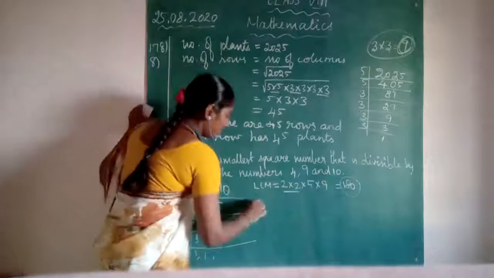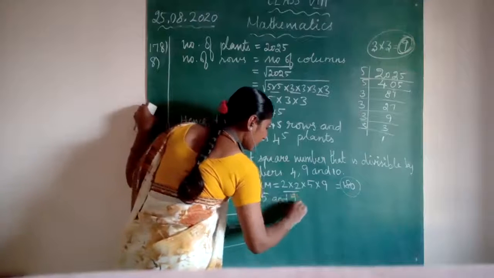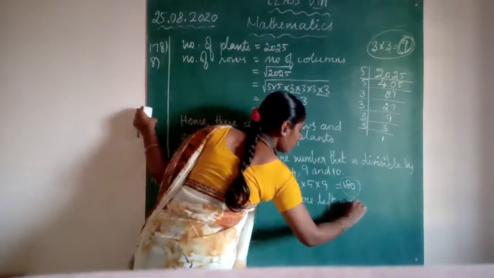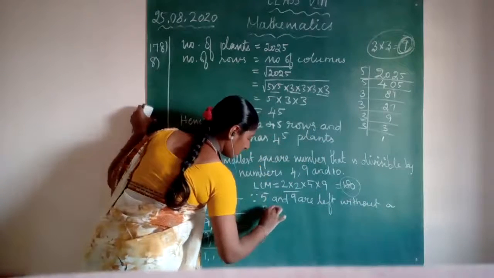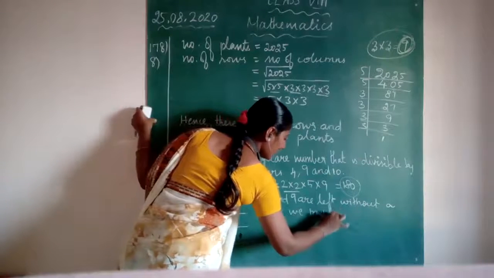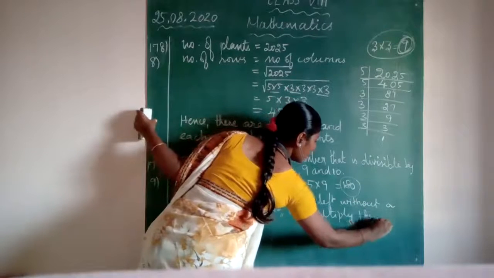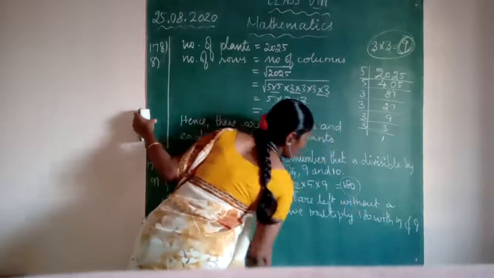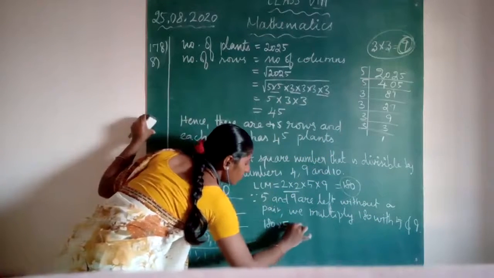That is, since 5 and 9 are left without a pair, we multiply 180 with 5 and 9. So you will have 180 into 5 into 9.